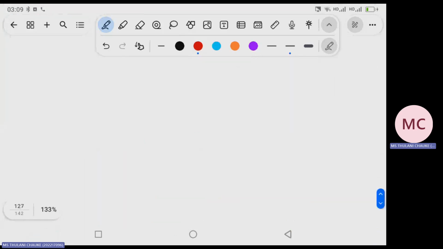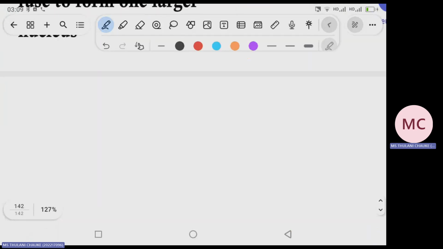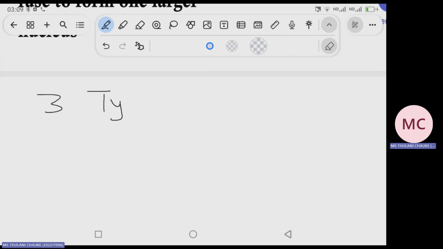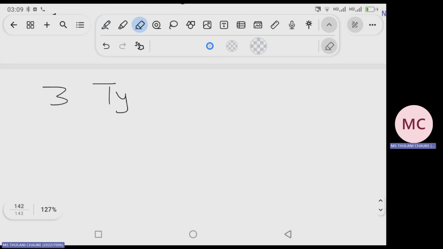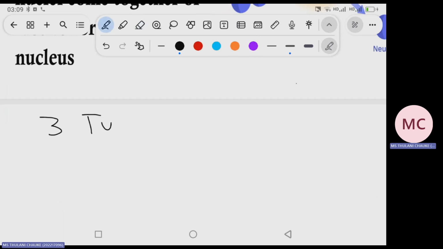We've got 3 types of decay that they can ask you in a test. The first one that we're going to discuss is alpha decay.